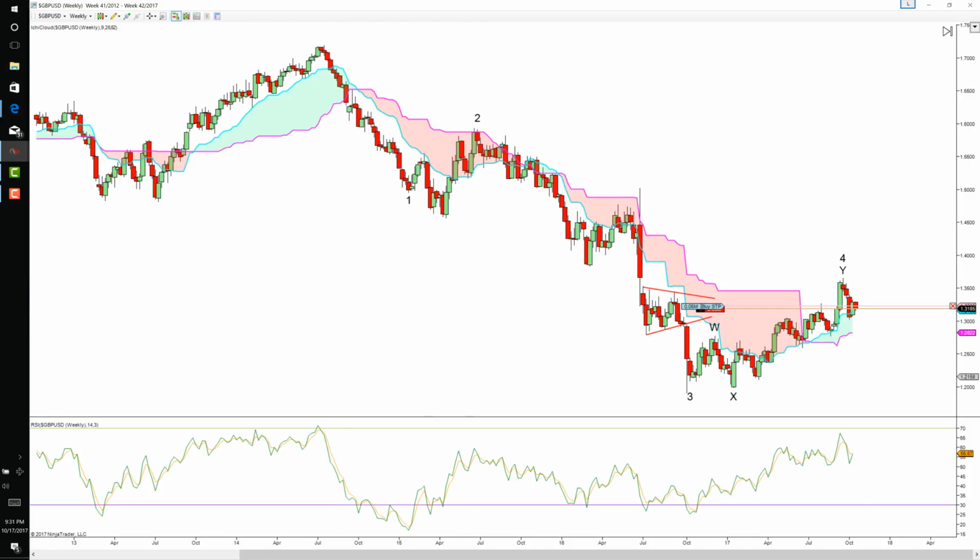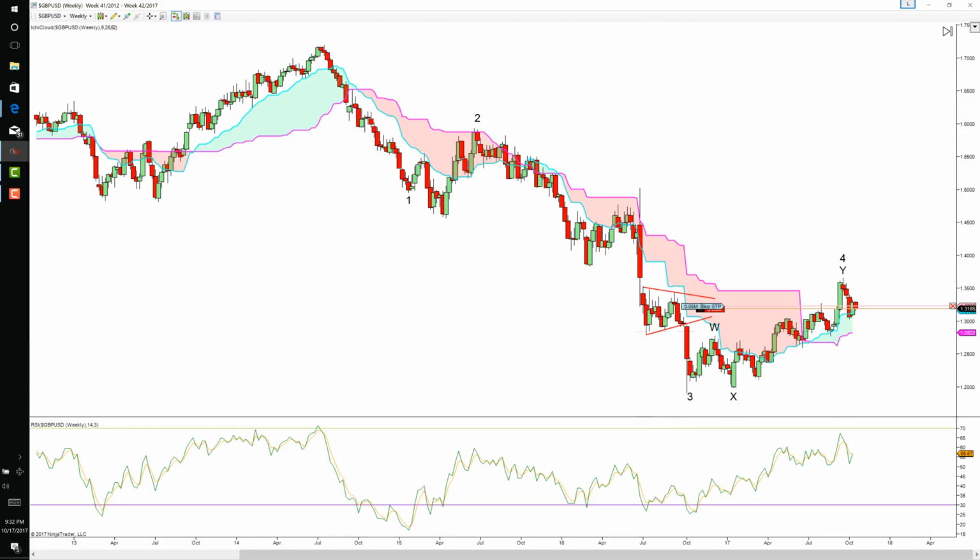And as you can see on the weekly, this would be the top. You have the 1, A, B, C for 2, and then you can do 1, 2, 3 here, 4, then 5 for 3, and now you have an A, B, C, D, and an E, which is this whole thing will be a triangle for wave 4 here, and now you have a wave 5.